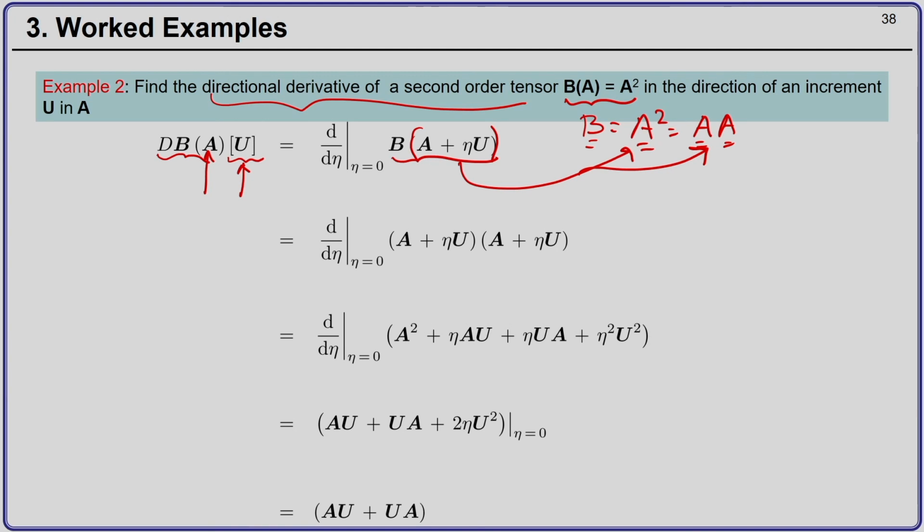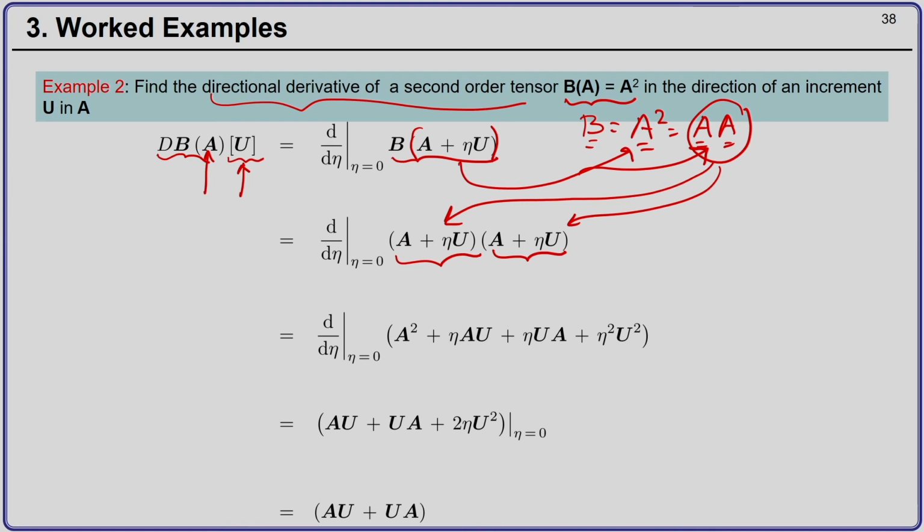Okay. So, here if you substitute A as A plus eta U, this is what you are going to get. This is the first A which is replaced by A plus eta U, this is the second A replaced by A plus eta U. Now what we need to do is open up the brackets and simplify the expressions.